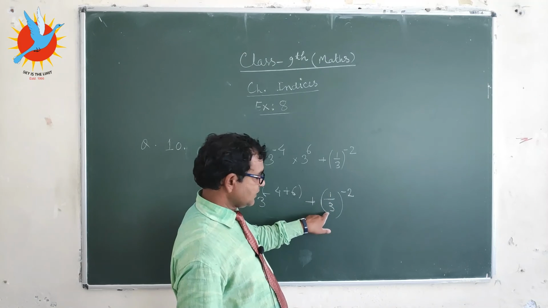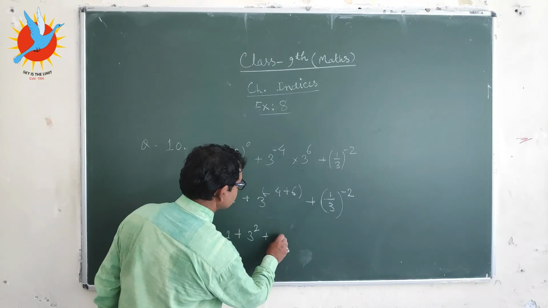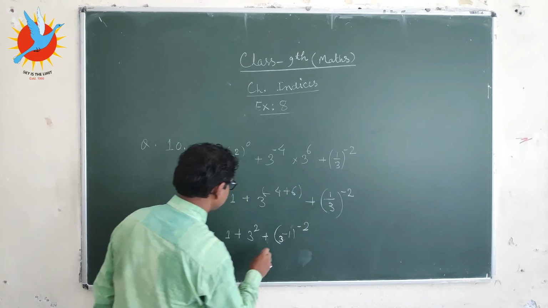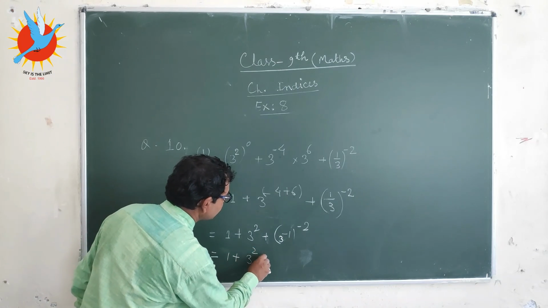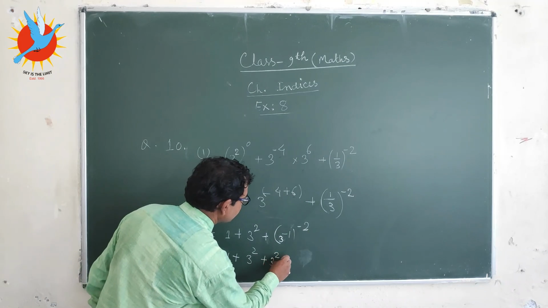take 1 by 3 as a negative index, this can be written as 3 to the power minus 1 to the power minus 2, and this can be written as 1 plus 3 square plus, minus minus become plus 3 square.